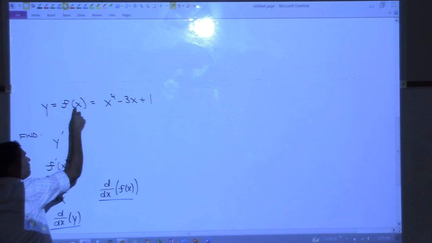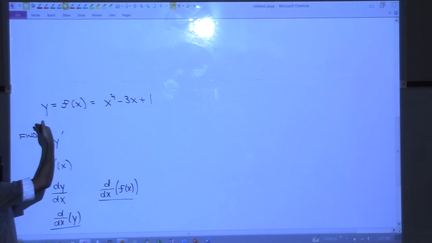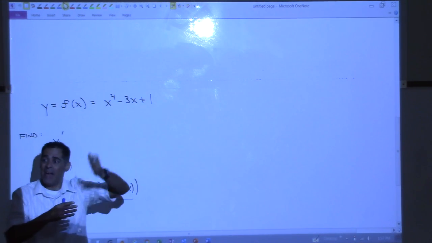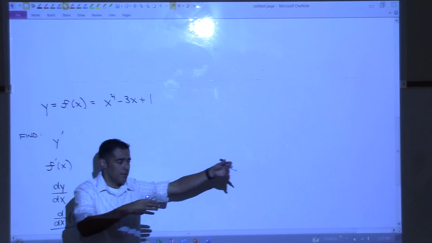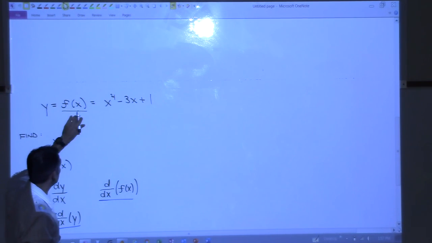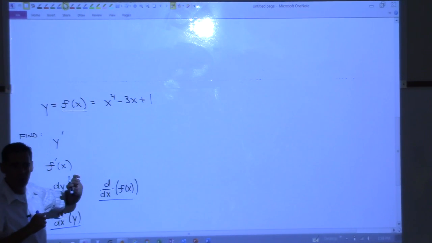You give me x, it will spit out y, yes? And it's a function because if you graph that, it would pass the vertical line test. All right? So by writing something with this notation, you can be assured that this graph would pass the vertical line test.